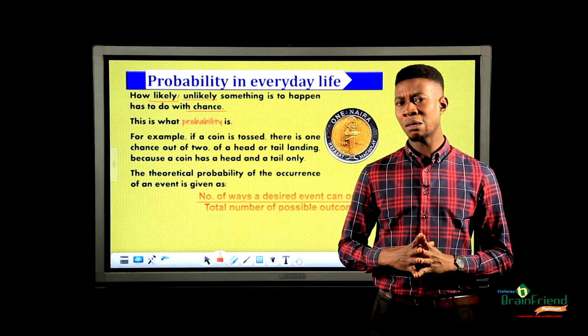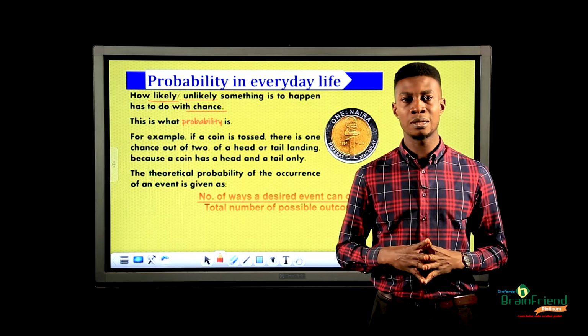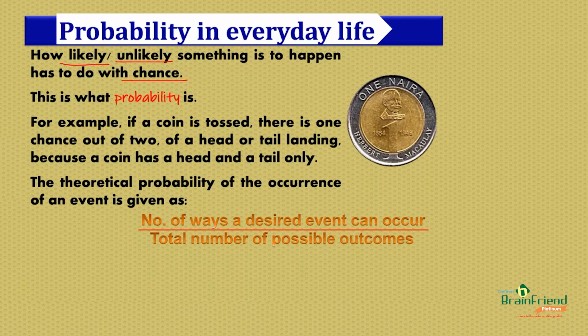Now, theoretically, let's see what probability is. Probability is given as number of ways a desired event can occur over total number of possible outcomes. So for a tossed coin, we can have only one face landing.